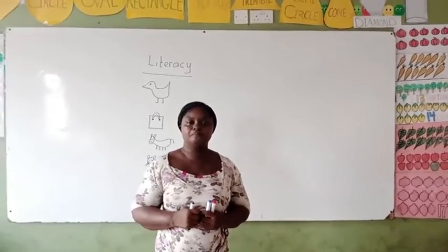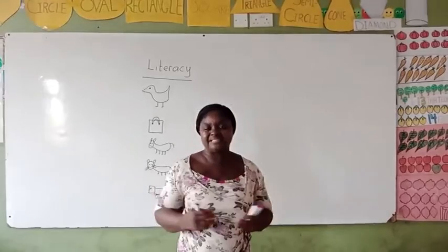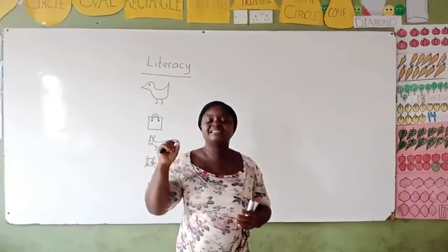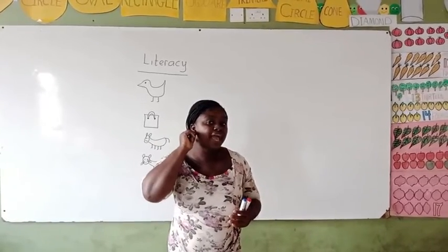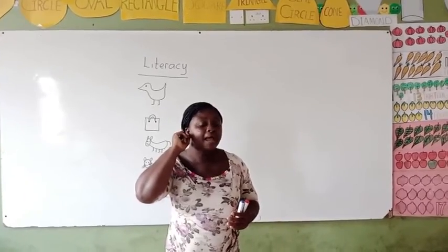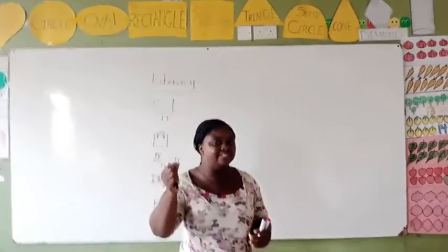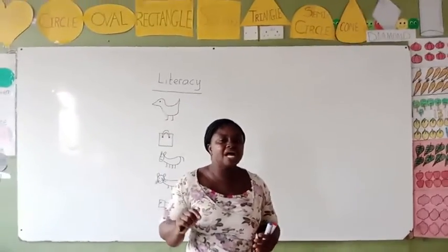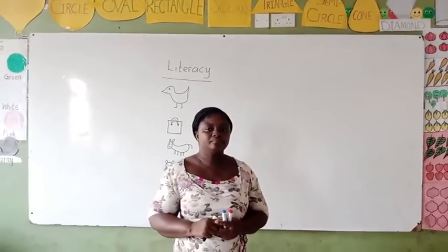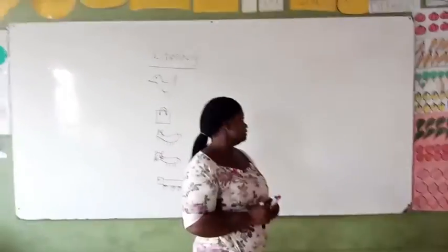For instance, if I take the word mat, the ending sound of mat is T. The last sound you hear when you mention mat, you can hear that the sound T is at the end. So the ending sound of mat is T.